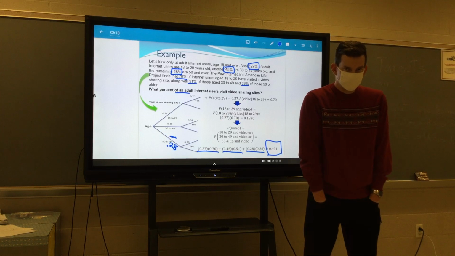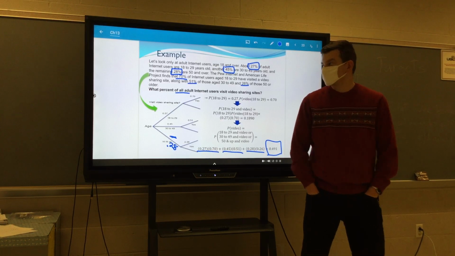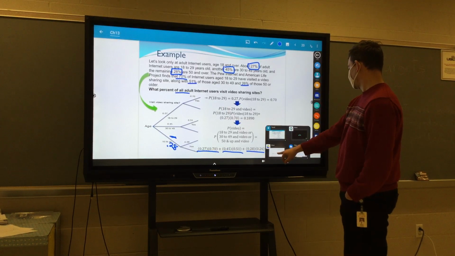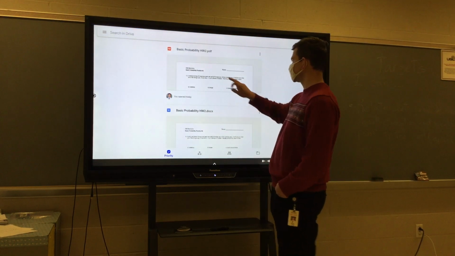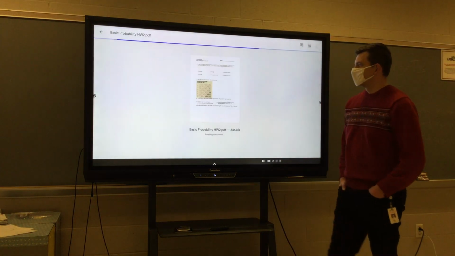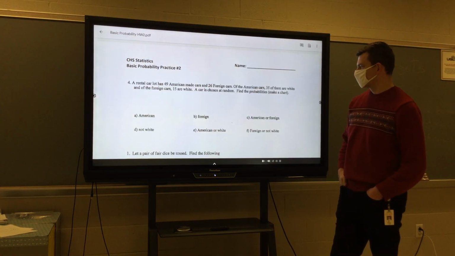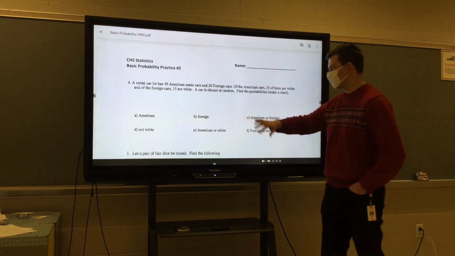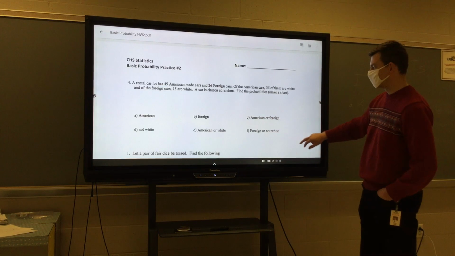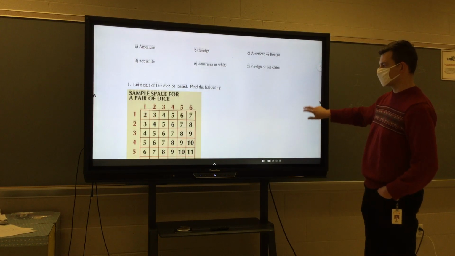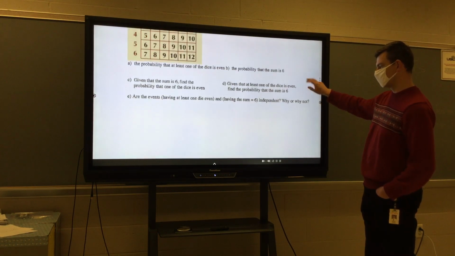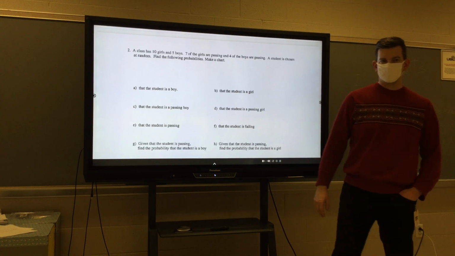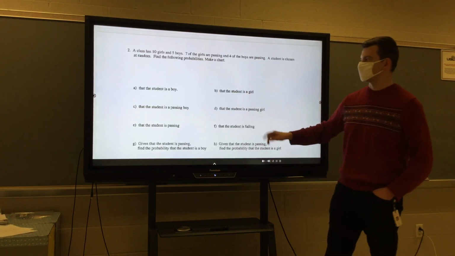You have a homework assignment due Wednesday morning, which is conditional probability practice. Number 2, rather than working with cookies, you're working with a used car lot. And you have foreign-made or American-made cars in different colors. Make a chart, answer the question. We have a dice problem. We have a class of boys and girls, but instead of being juniors and seniors, they're passing and failing.